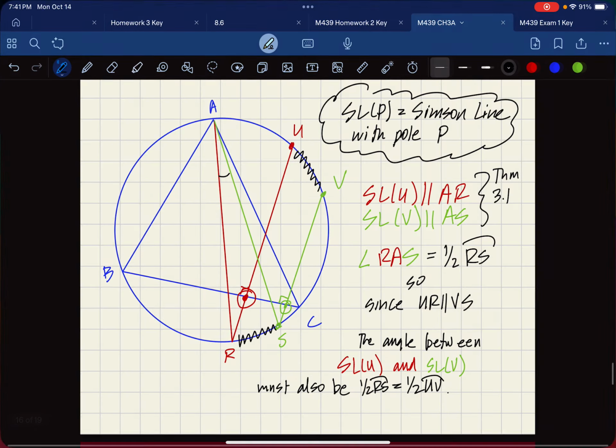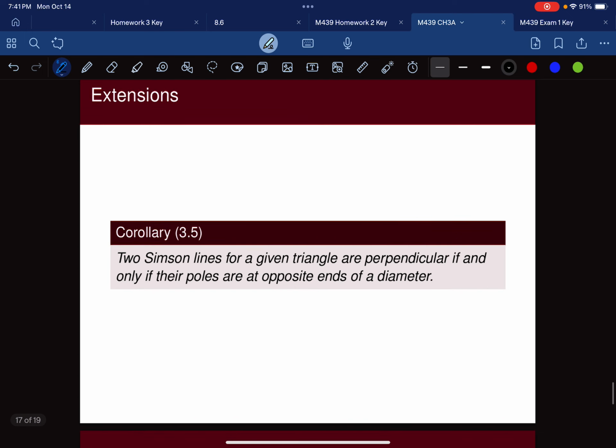It shouldn't be any surprise then that the next lemma is this: two Simpson lines for a given triangle are perpendicular if and only if their poles are at opposite ends of a diameter. And yeah, that's just what we saw. This proof is just a corollary, because it's easily proved using the previous theorem.